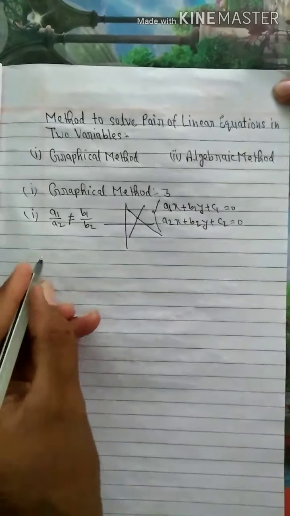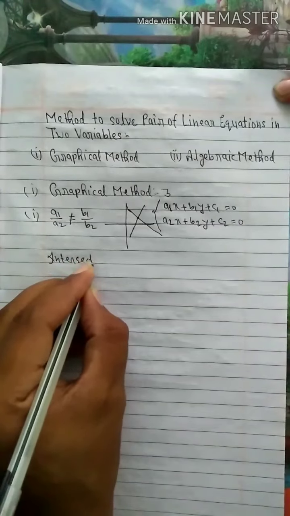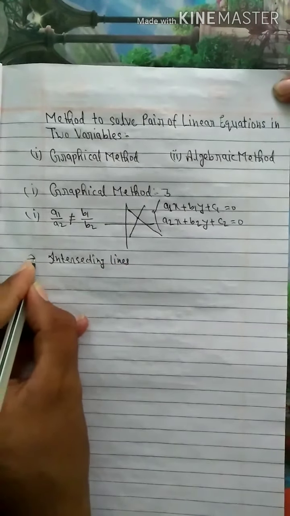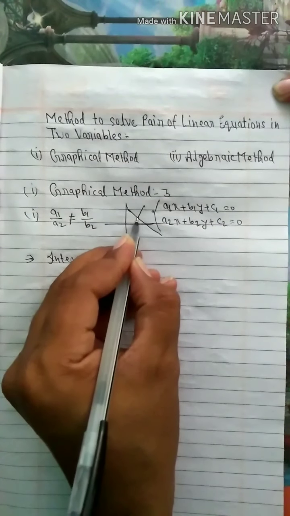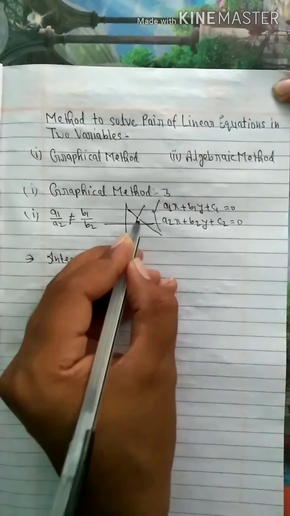That is called intersecting lines. When both lines cut at only one point, the solution of the equations is only one. That is called a unique solution.